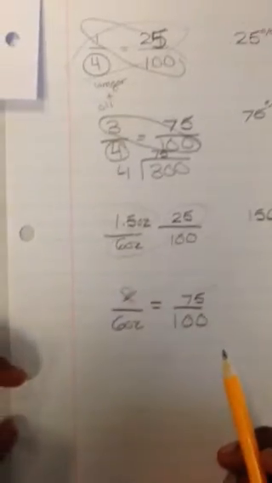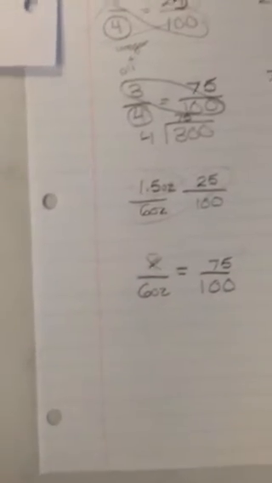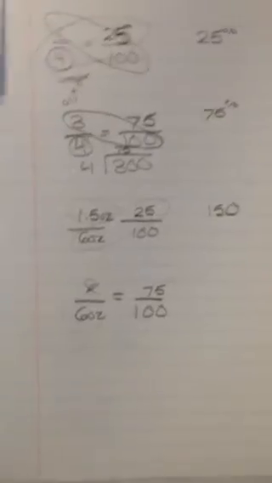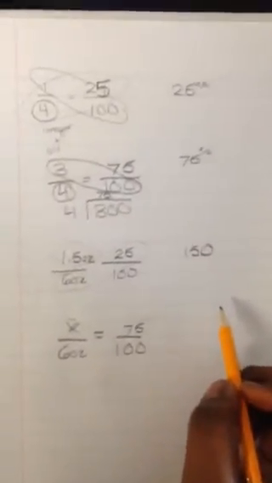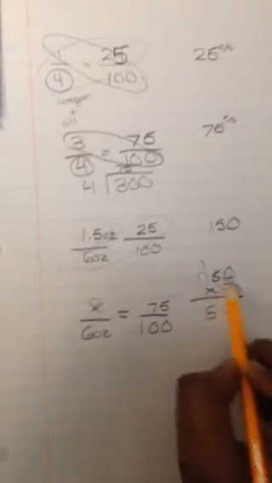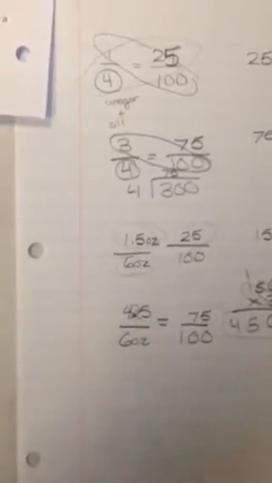We cross multiply and divide by 100. 6 times 75 is 450. Divided by 100 would be 4.5, meaning that 4.5 ounces are oil, meaning she would need 4.5.